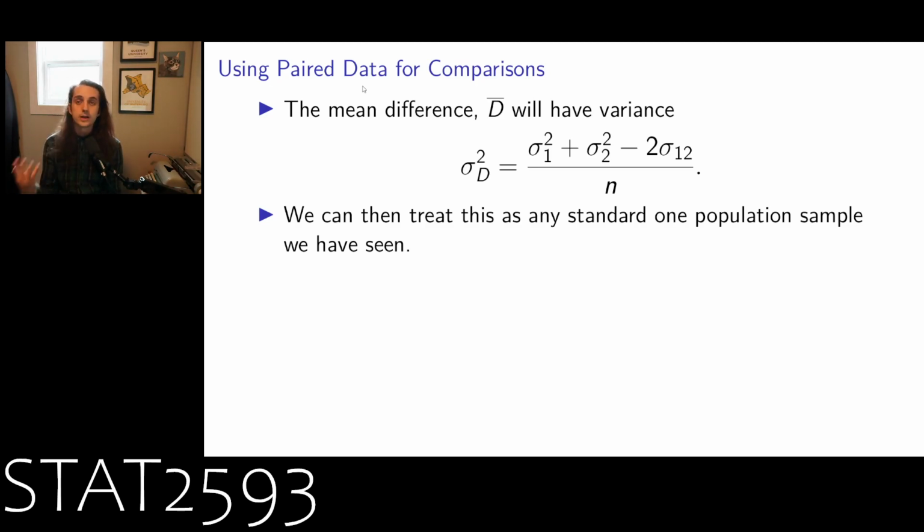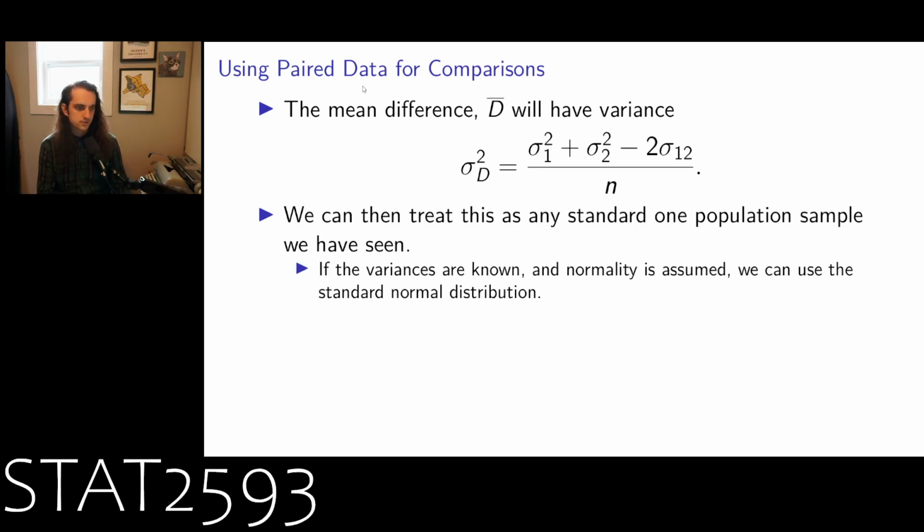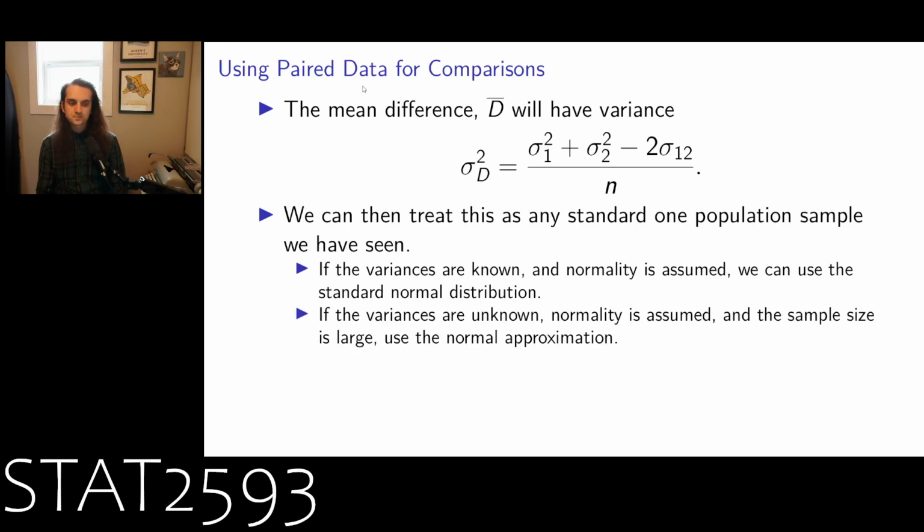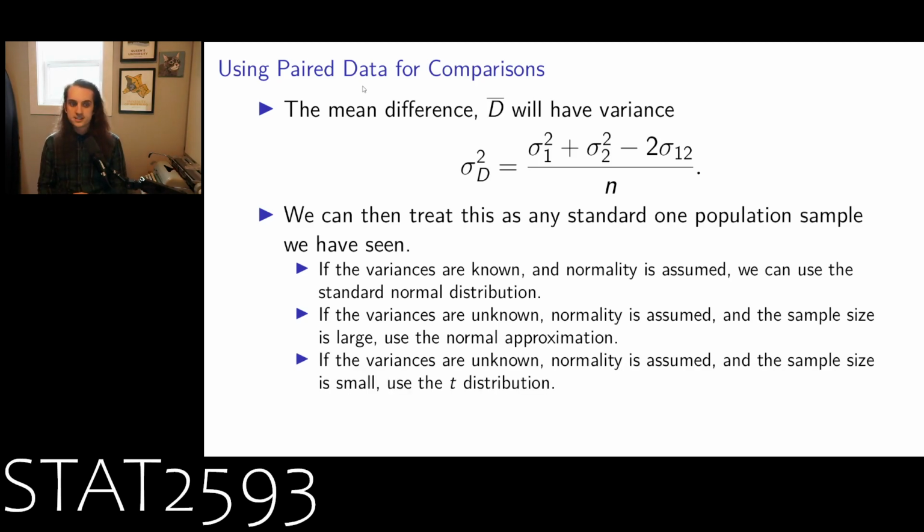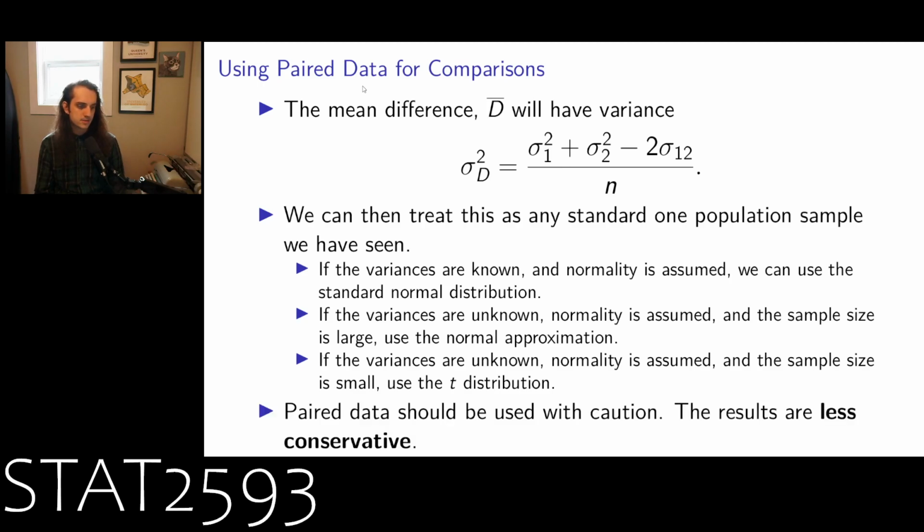And so now we can just do a one sample hypothesis test or confidence interval. If the variances are known and normality is assumed, we can use a standard normal distribution. If the variances are unknown, but normality is assumed and the sample size is large, we can use a normal approximation. If the variances are unknown, normality is assumed, and the sample size is small, we use the t-distribution. Right? So those are the standard cases that we're used to thinking about.